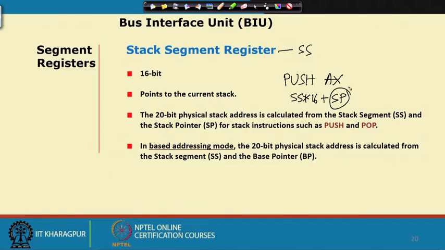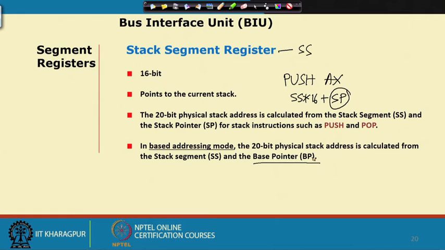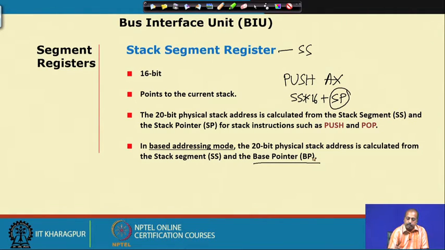And there is another register known as the base pointer, or BP. This is also used in some instructions in a particular addressing mode, which is called based addressing mode. There it will be using the stack segment plus this base pointer. Suppose I want to get the content of the location pointed to by SS colon BP.